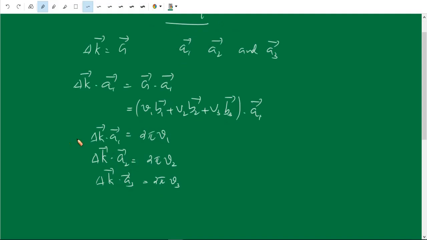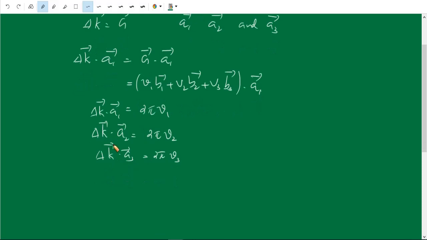Now, what is the meaning of these equations? Let us discuss that. This is a scalar product of two vectors, delta K and A1. So we can draw the A1 axis and this is the delta K vector.